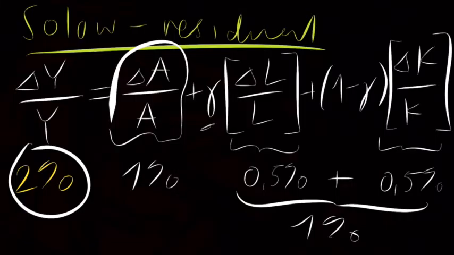So this is why it's called the Solow residual. You can measure technology by just turning the equation around and measuring the residual in the equation. And this is how Solow did it, and this is how we can actually observe technological change and growth patterns in the real world today. So that was what I had to say about the Solow model. I hope I could help you a little bit.